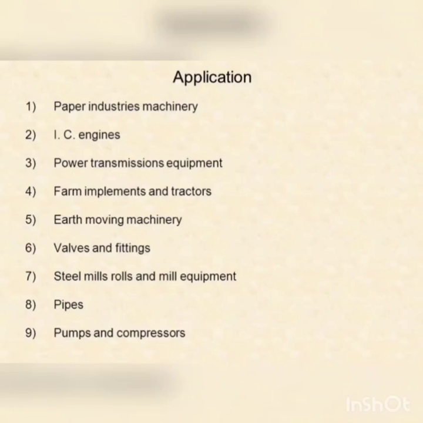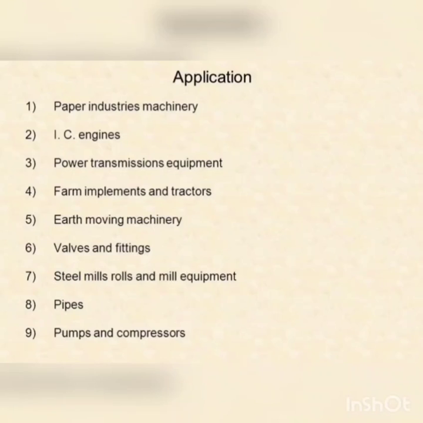Now we will discuss the different properties present in ductile cast iron. First, as per the name, it has very good ductility. Due to higher ductility, it has good tensile strength, about 38 kg per mm square to 80 kg per mm square, and it also has good wear resistance as well as shock resistance.